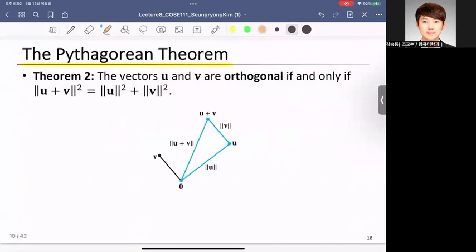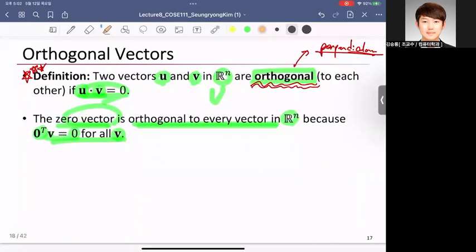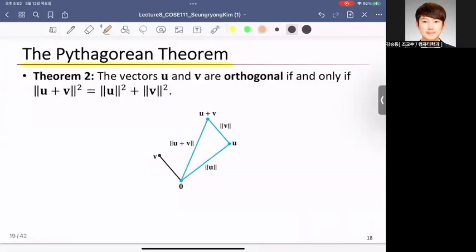Okay, let's move to the section. So Tuesday we discussed the inner product. What is the inner product? And also orthogonal vectors, and one of the very important definitions: two vectors U and V in Rn space are orthogonal or perpendicular to each other if U inner product V equal to 0. And we can introduce the Pythagoras theorem.